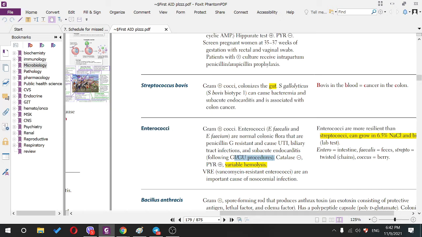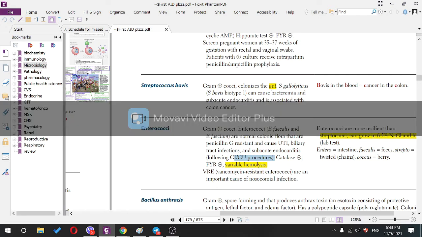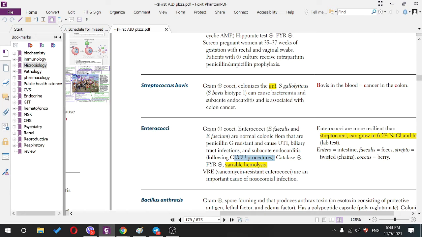You need to know that there is an association between strep bovis and colorectal cancer. So this is interesting because if you take a blood sample and you see strep bovis in it, the next thing you want to do is a colonoscopy. Okay, so he has endocarditis, you do blood culture, you find strep bovis, it's positive, and that's it, colonoscopy, you find a cancer there.